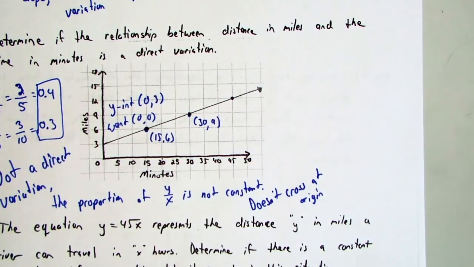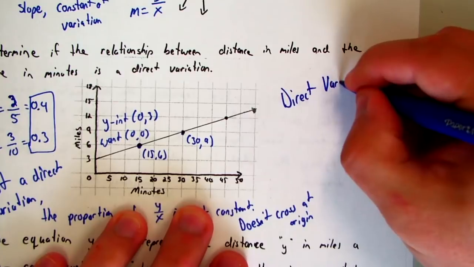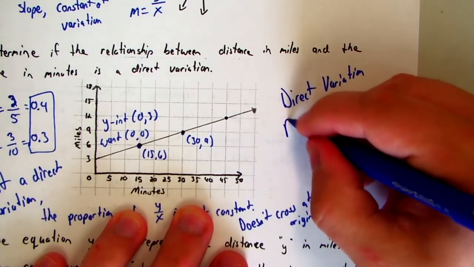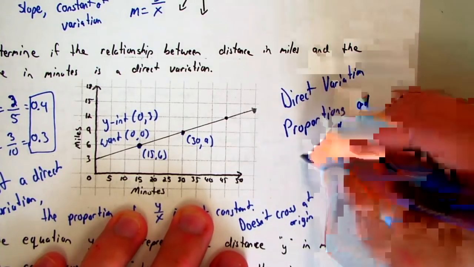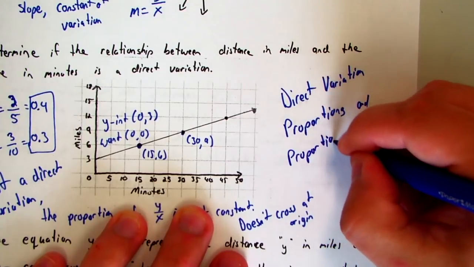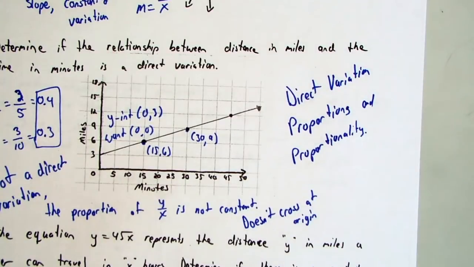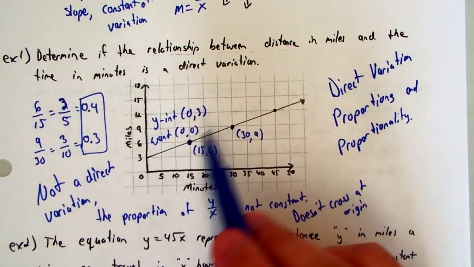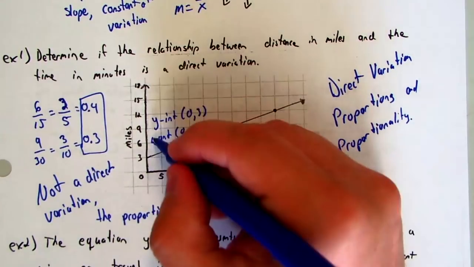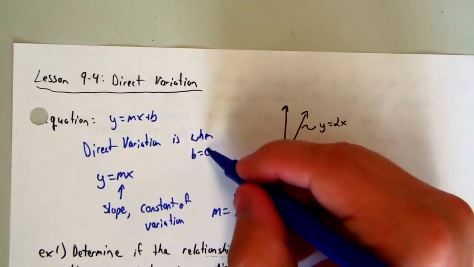If this is starting to sound a little bit familiar, it should be, because direct variation is something we talked about with proportions and proportionality. One of the things we talked about when we had a graph of a proportion: 1, the line had to be straight, and 2, it had to be through the origin, which means that it has to have an intercept of 0, 0, which is direct variation.